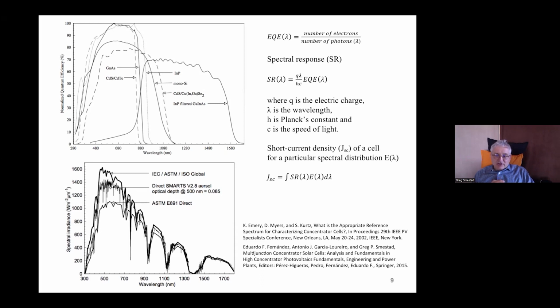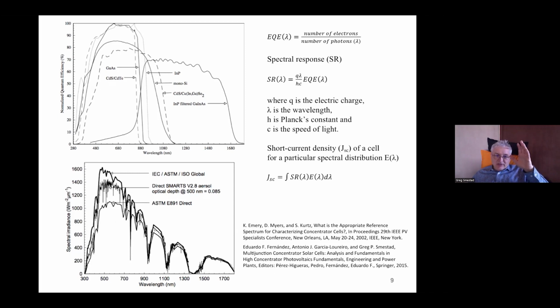If we want the short circuit current for a solar cell, we take that spectral response and we multiply it by the spectrum that you see down here at the bottom. This is the solar spectrum under different conditions. So already the light can be filtered through the atmosphere by particles. And that's described by the normal Angstrom equation.